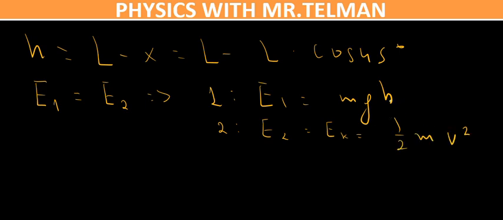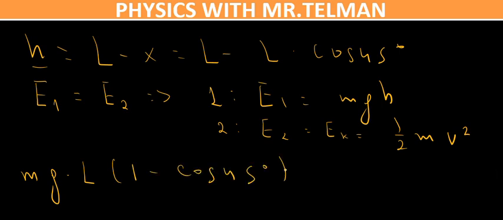So we have found this h, then the mg, and h is L times 1 minus cosine 45 degrees, equal to 1 over 2 mv squared. And we don't need here actually the mass, the mass is cancelled.